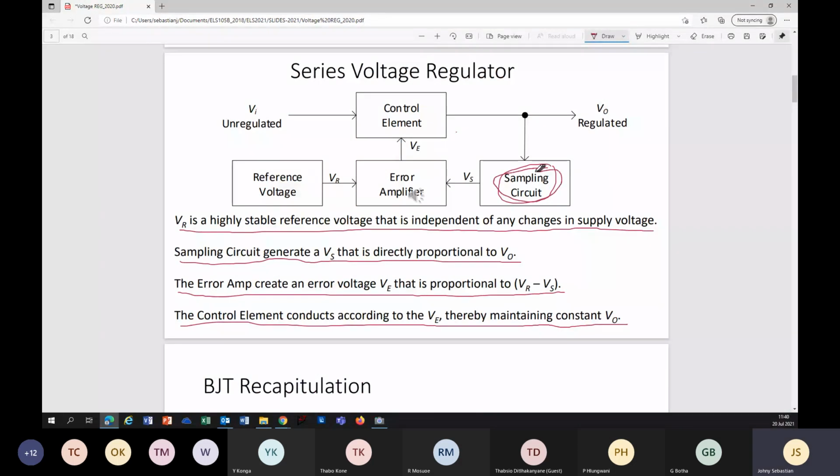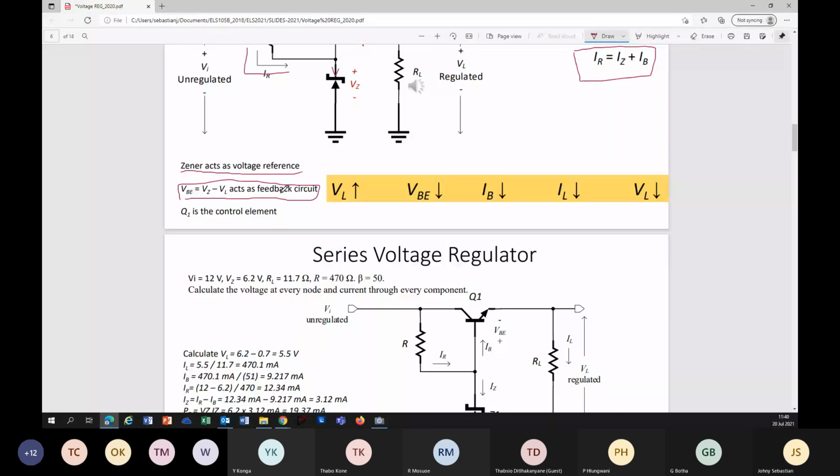You cannot directly see a voltage divider, but remember, this is the most simplified form of a Zener series voltage regulator. So basically, that sampling circuit is between base and emitter of Q1. Then Q1 is, of course, the control element. No one got a problem with that. Agreed.